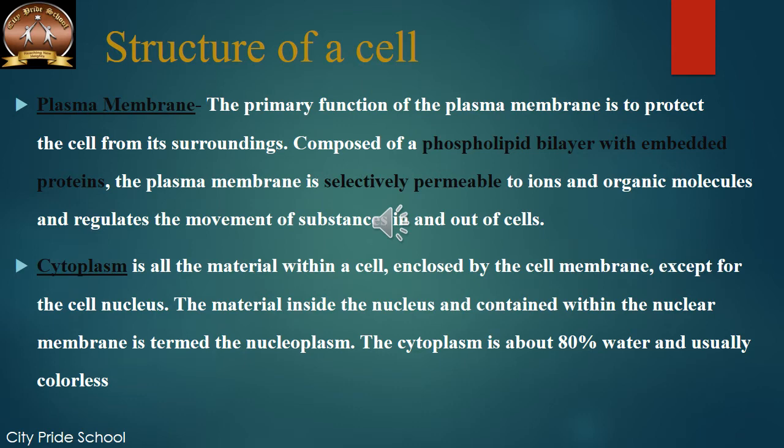The nucleus is a main structure inside the cell, so the cytoplasm is that part of the fluid which is present outside the nucleus and within the membrane. Inside the nucleus there is a different fluid termed the nucleoplasm. It is a little denser compared to cytoplasm. Cytoplasm is about 80% watery and usually colorless.